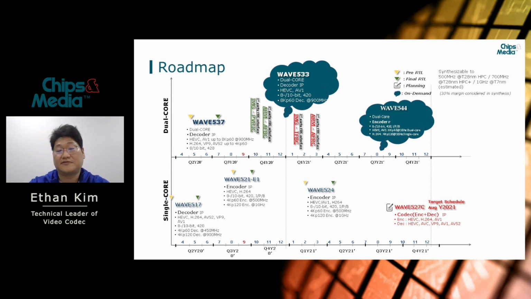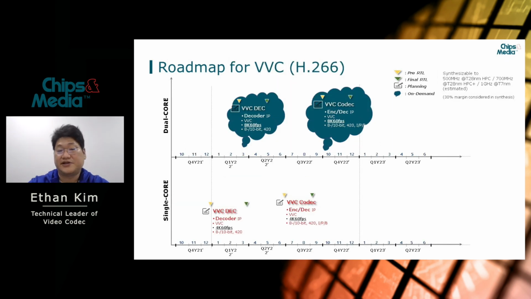The corrective codec product, named WAVE517C, will be available by August of next year. Recently, the specification for VVC, the next video codec standard from MPEG, was finalized. We are expecting a VVC decoder by the end of next year and an encoder by the third quarter of 2022.